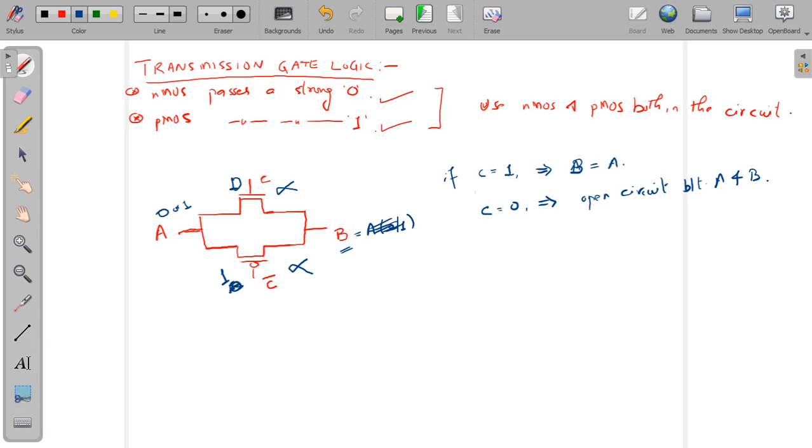So when C is 0, the terminal B is at high impedance state or the tri-state, or it is simply open circuit, right. It is neither connected to 0 nor to 1.